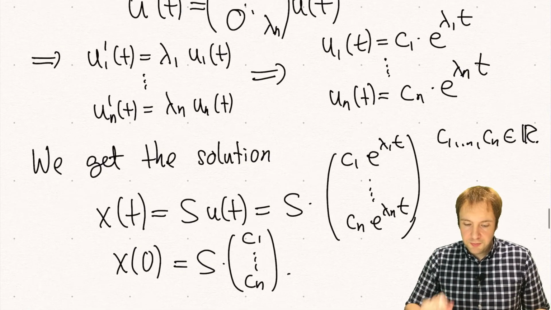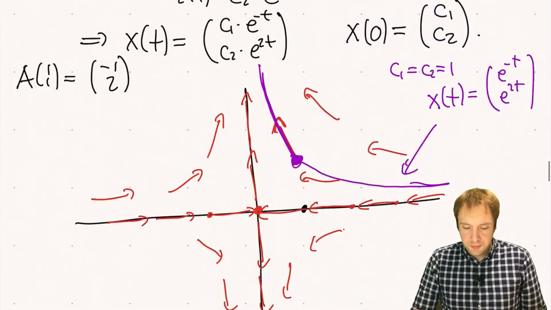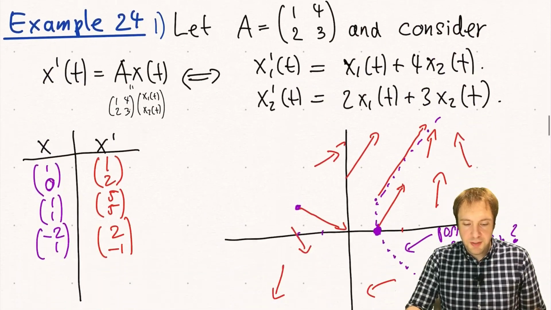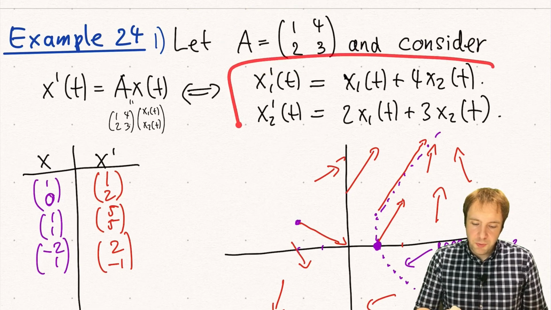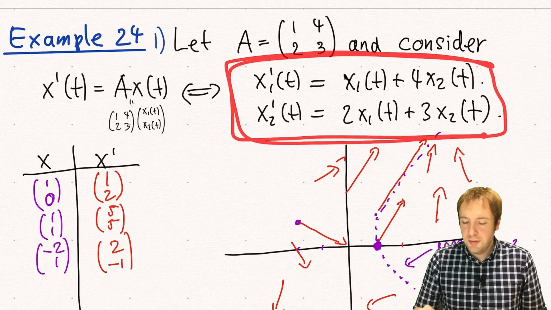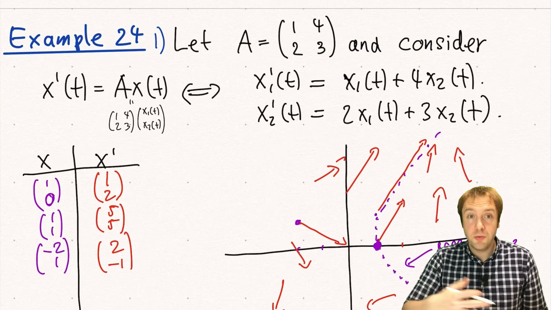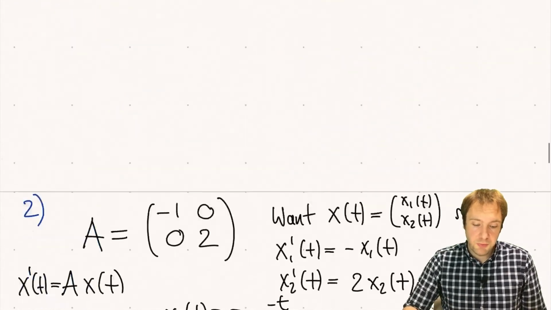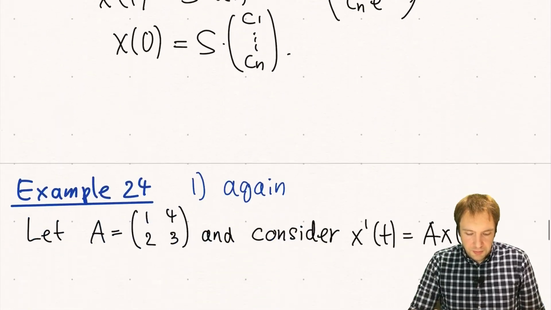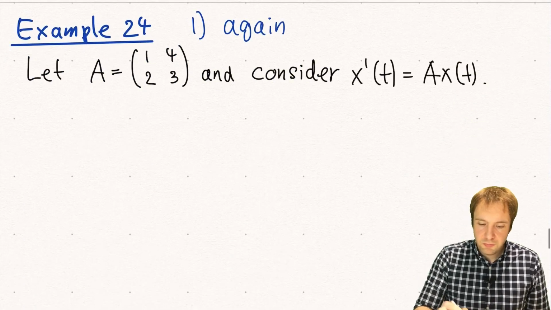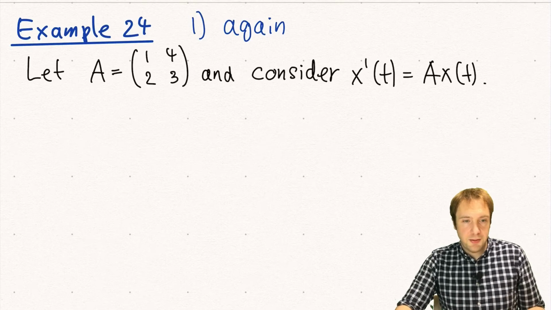Okay, so let's do an explicit example for this, or let's solve our original problem. In this example with this 2 by 2 matrix, we got this difficult looking differential equation, and now we want to apply this strategy to this problem. So we need to diagonalize the matrix A and then calculate the solution for u.